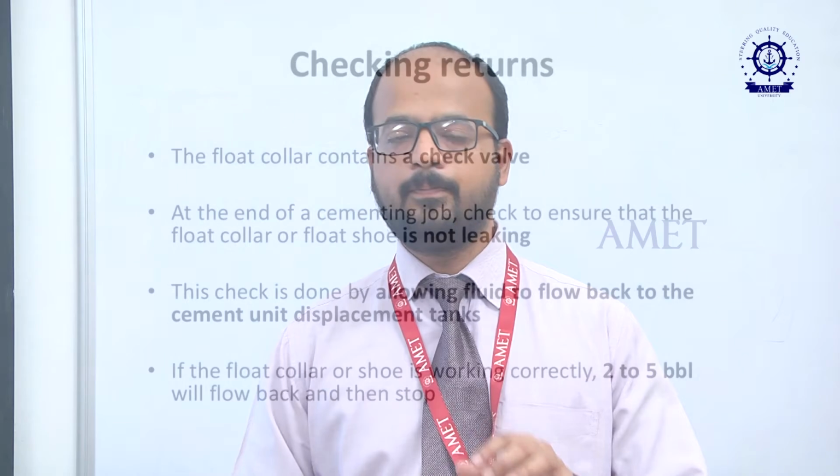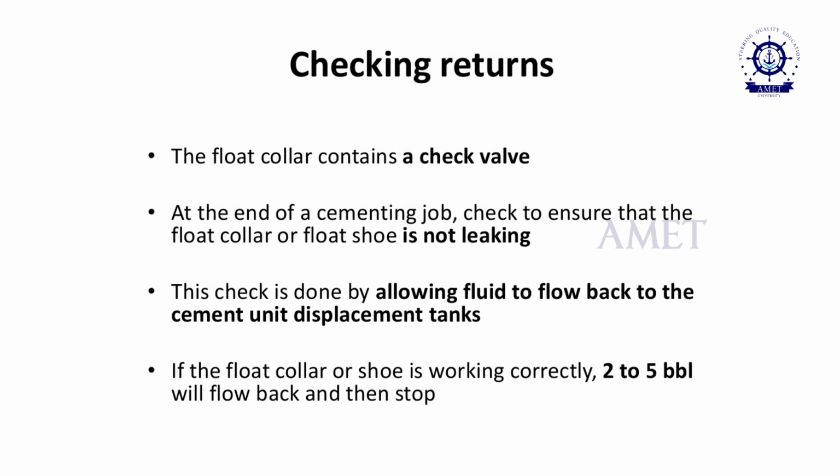We have to check the cementing coming to the pipe. The range should be between 2 to 5 bbl. If it is more than 5 bbl, then the cement is not getting to the annular space and the cement is coming back into your wellbore only. So whatever we have done has not worked, that we can understand.